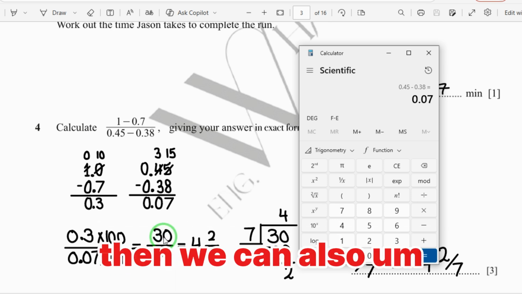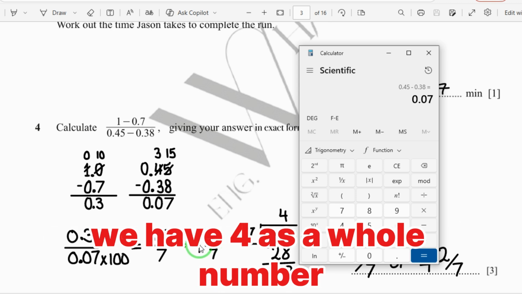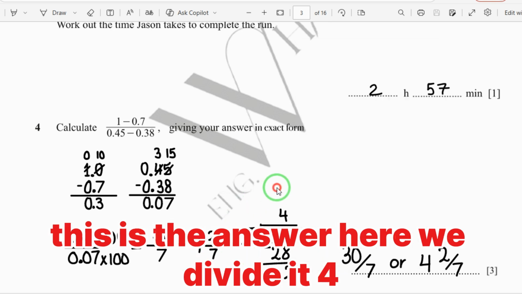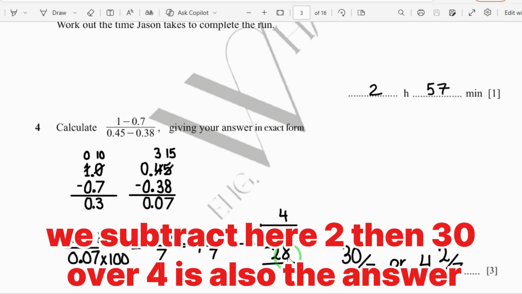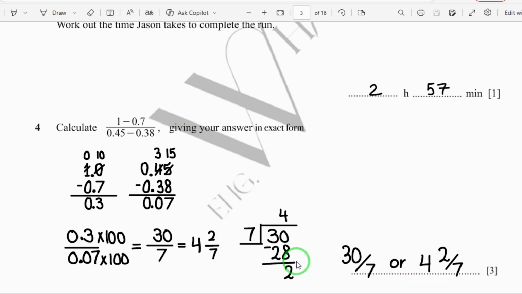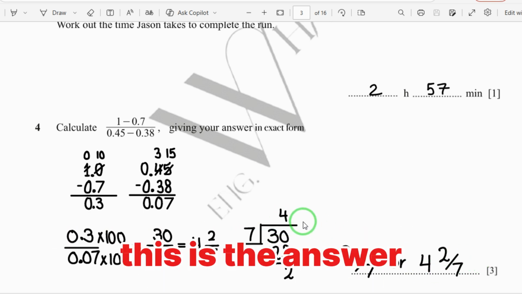Then we can also convert to a mixed fraction. 50 divided by 7: we have 7 as a whole number and 1 over 7. This is the answer.